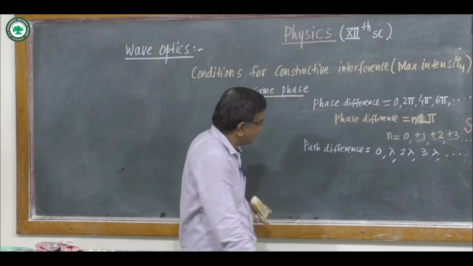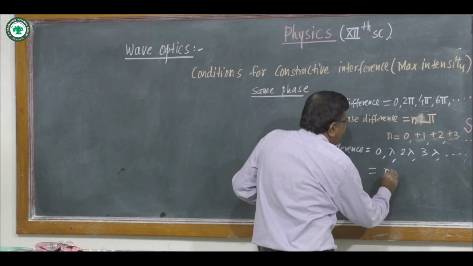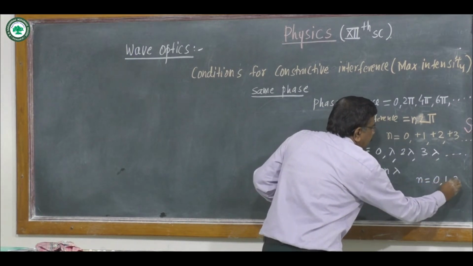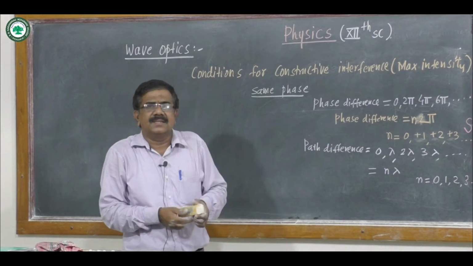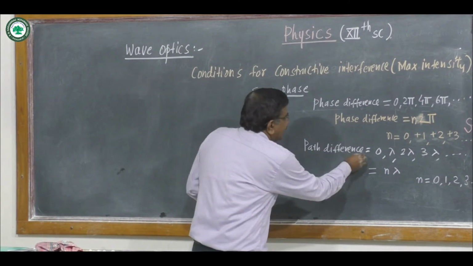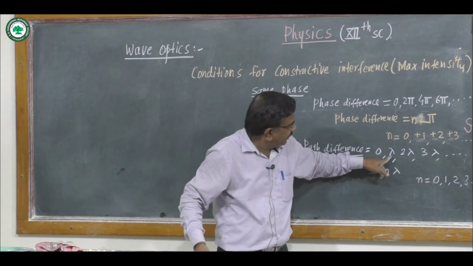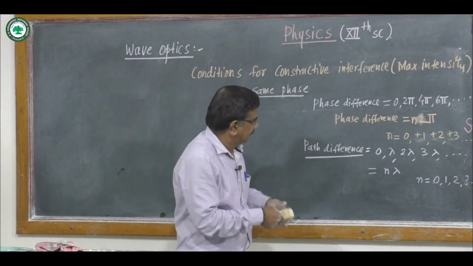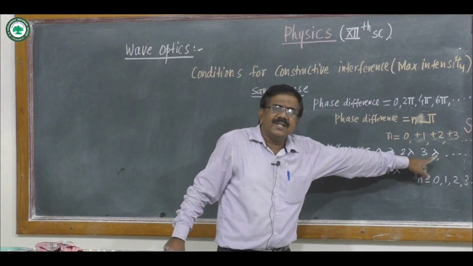Or we write it as path difference equal to n lambda, where n starts from 0, 1, 2, 3. It means for the constructive interference, the path difference between the waves is integral multiple of wavelength. That is 1 lambda, 2 lambda, 3 lambda, and so on.